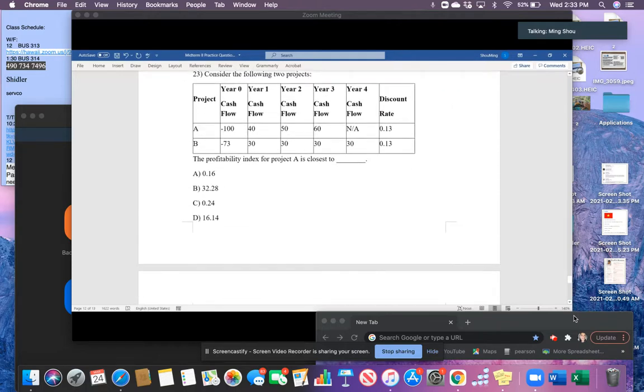Question 23. In this case, we are asked to calculate the profitability index for project A. We have a formula to do that. The profitability index simply equals the NPV of this project divided by the resources consumed. The resources can be labor, capital, or anything. The key part here is calculating the NPV for project A with this information.